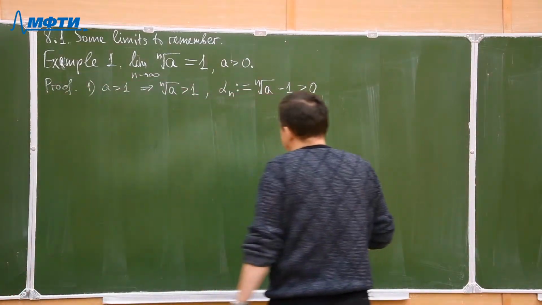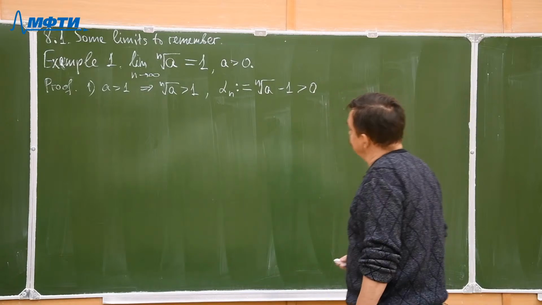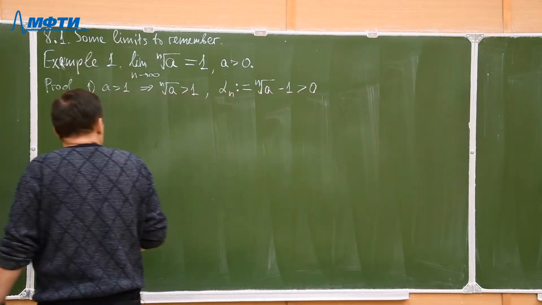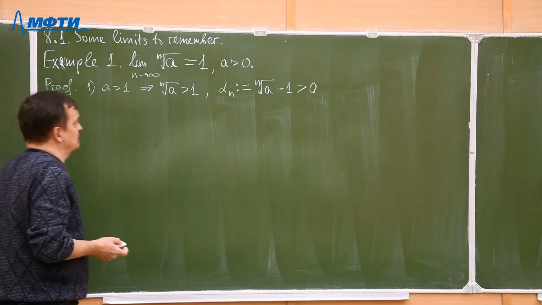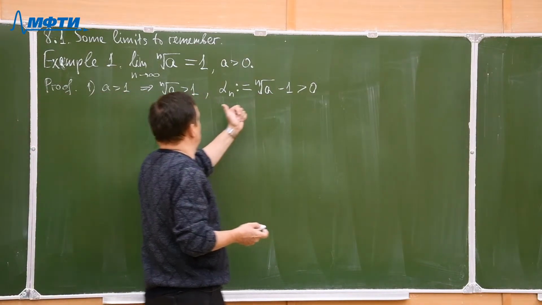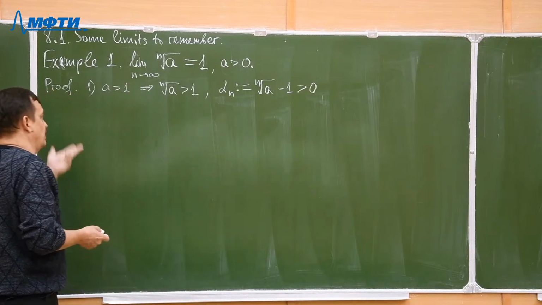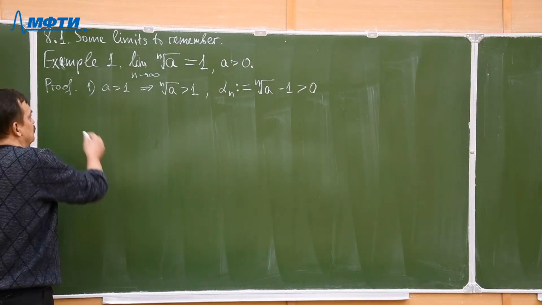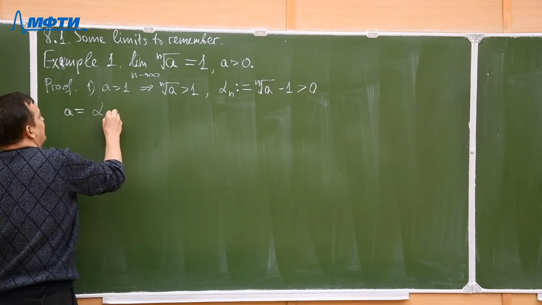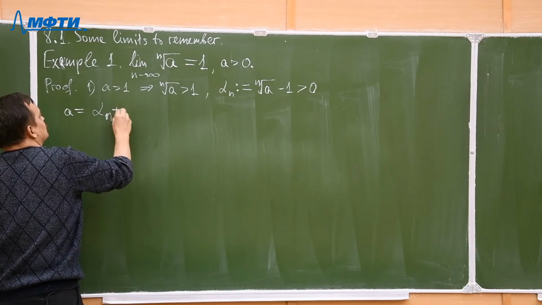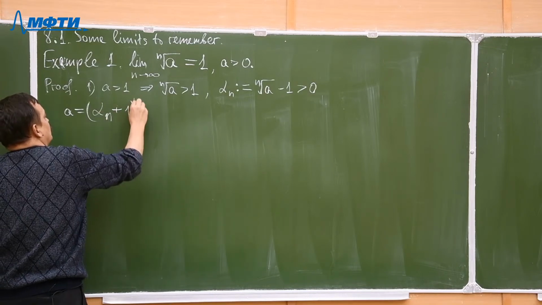So what is the relation between alpha n and our a? We may find easily that a equals (alpha n plus 1) to the power n.